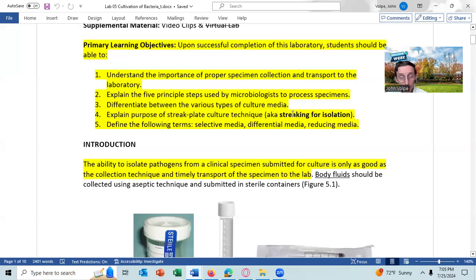So know what that is and how to do it and what the purpose of it is. And then 5, define the following terms: selective media, differential media, and reducing media. Is there any question about what we're going to be doing today?